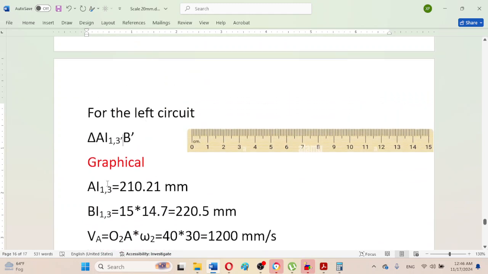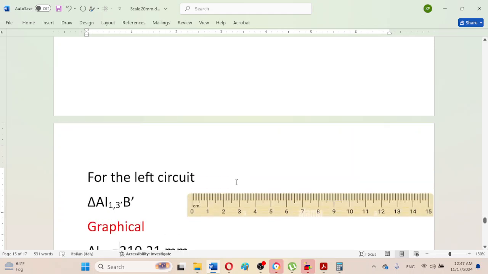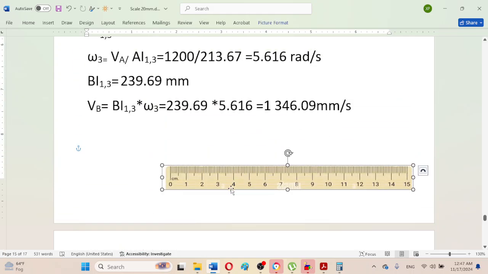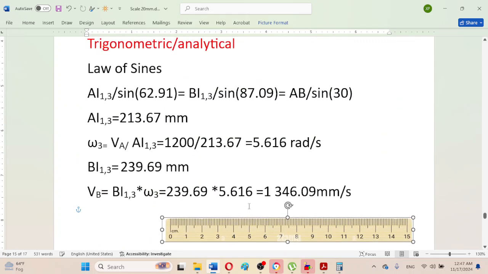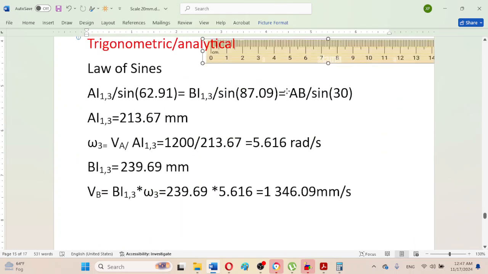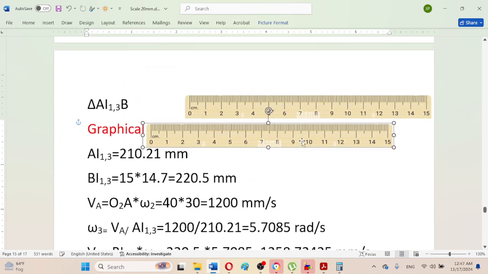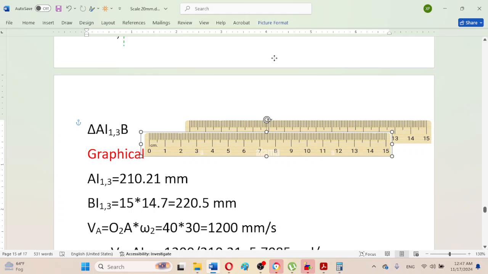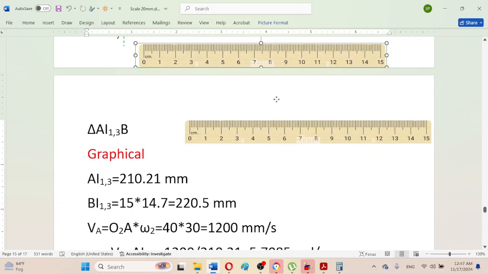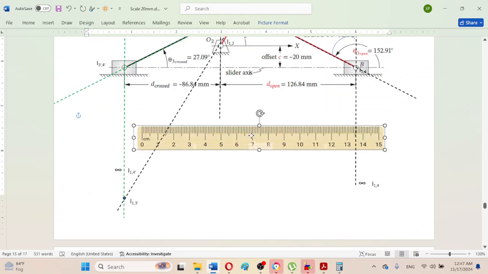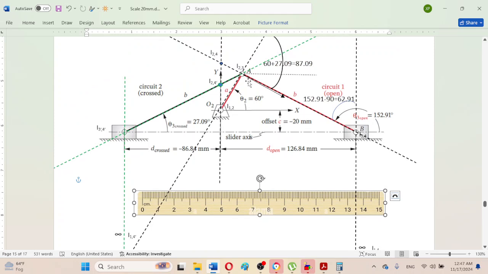So graphically now we can calculate these values. For example, AI13 I can directly measure with the help of this scale. Bring this scale onto the diagram.